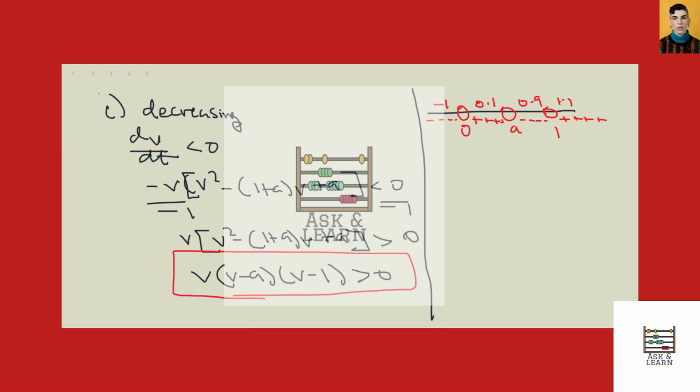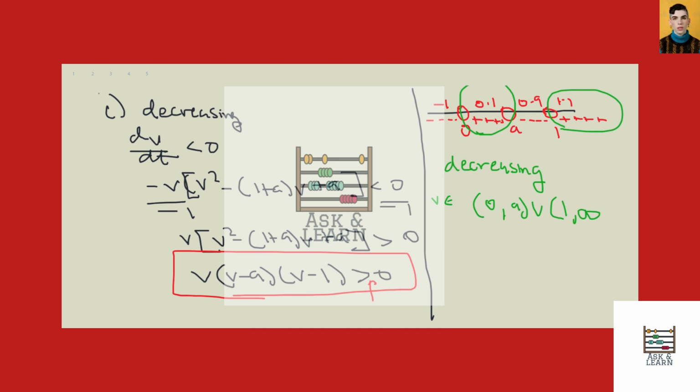So looking at our inequality, we want to find where the expression is greater than 0, and that happens between 0 and a, and also beyond 1. So our function is decreasing when the solution lies between 0 and a, and also when our solution lies beyond 1.